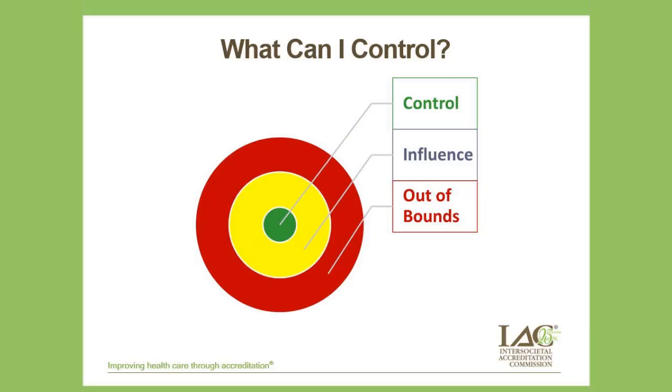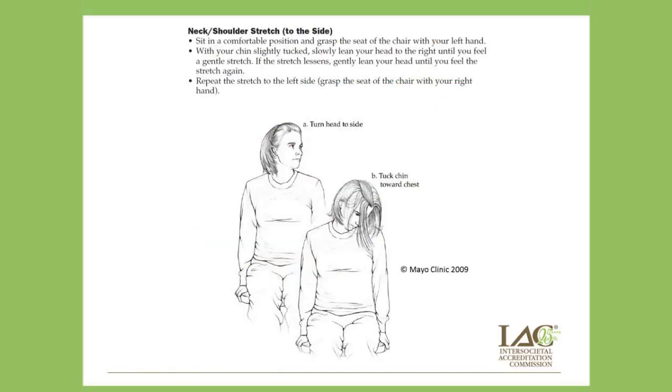And then there's stuff that's just out of bounds. You may not be able to control what equipment you purchase. That may be more of an area of influence. So really, I would encourage you to focus on the things you absolutely can control and those you can influence.